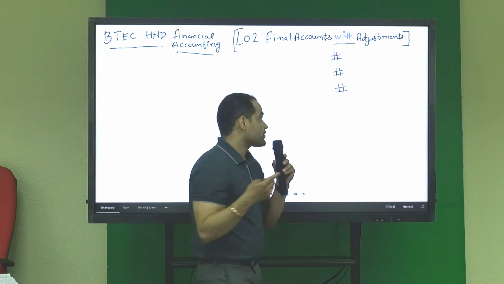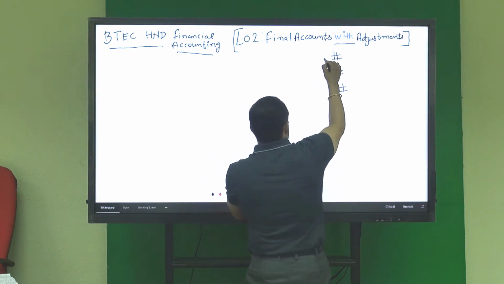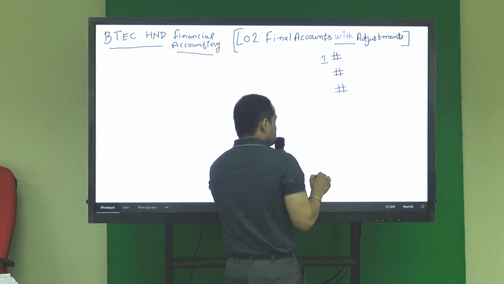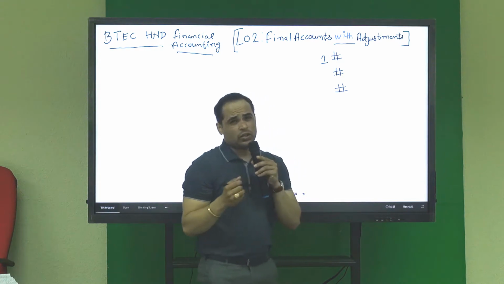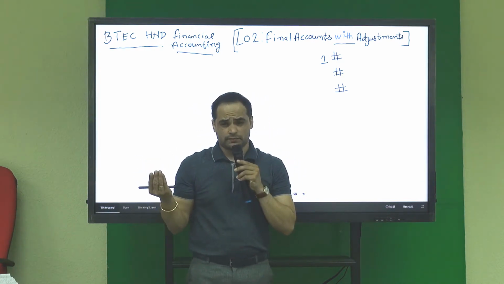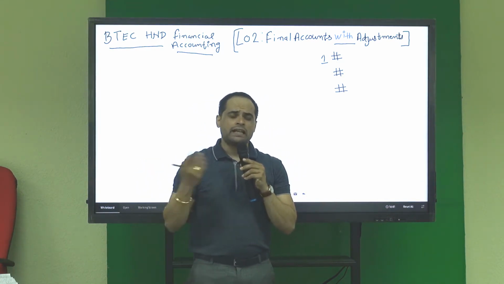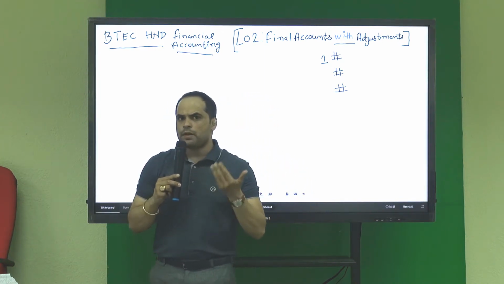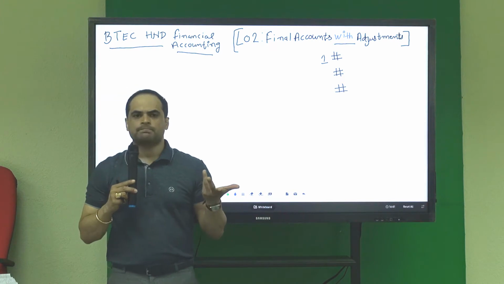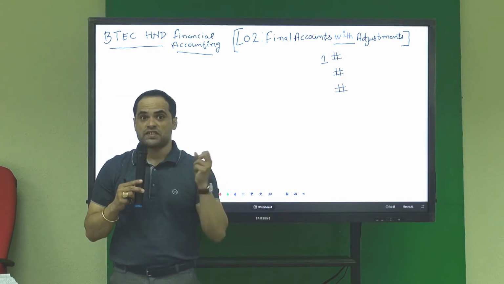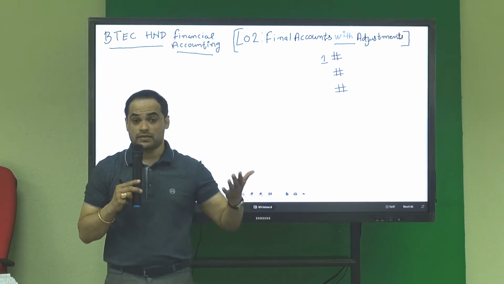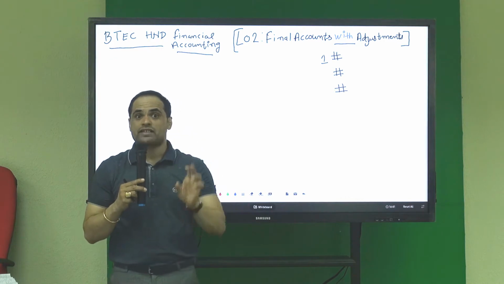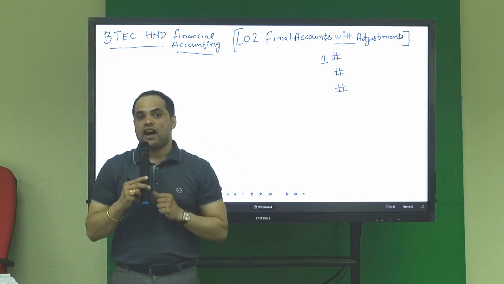In the first part, I will explain what the adjustments are. Any kind of transactions that occur after preparing your trial balance, that's called adjustments. We're going to adjust those transactions when we are preparing the final accounts.